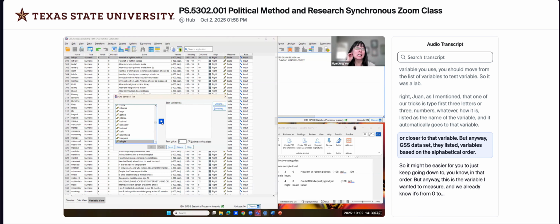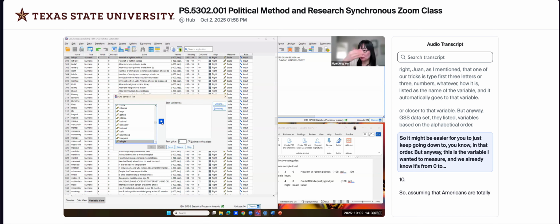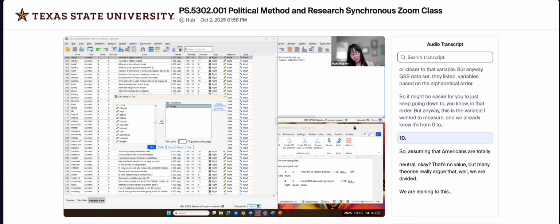But anyway, the GSS data set lists variables in alphabetical order, so it might be easier for you to just keep going down in that order. Anyway, this is the variable I wanted to measure, and we already know it's from 0 to 10.